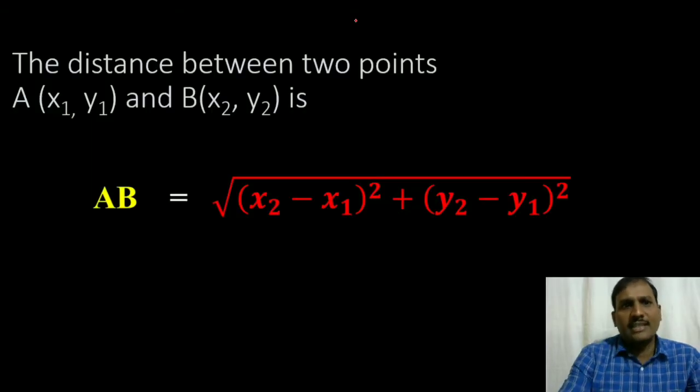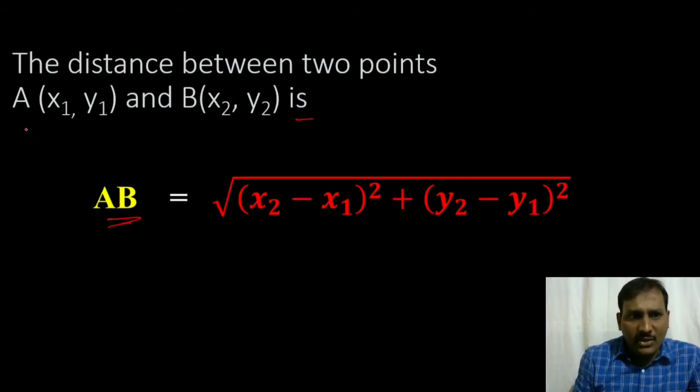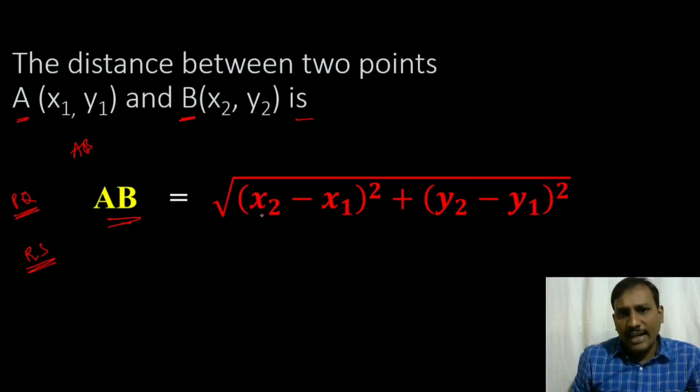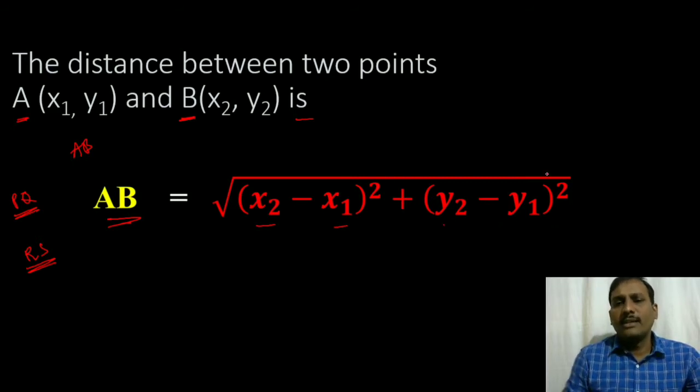So let us write it. The distance between 2 points A(x1, y1) and B(x2, y2) is denoted by AB. The distance between P and Q is denoted by PQ, R and S by RS. So it is under root (x2 minus x1) whole square plus (y2 minus y1) whole square.